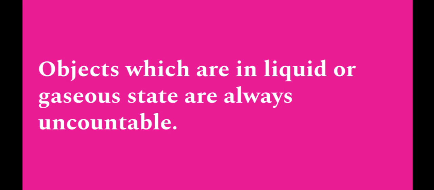That is, the objects which are liquid in state, like water, like oil, and the things which are in gaseous state, like air, then what else, oxygen. So all these things cannot be counted. So things which are in liquid or gaseous state are always uncountable.